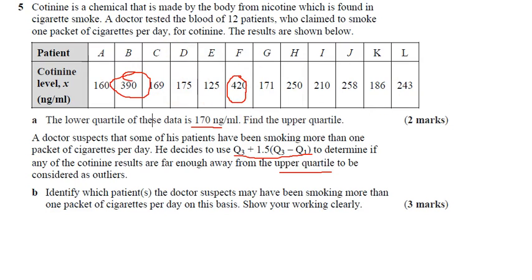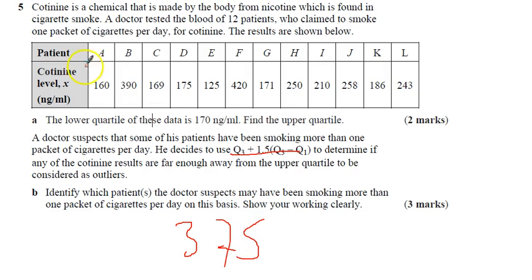But whatever you get here, let's say you get an answer of 375. Well, obviously then that's an outlier and that's an outlier. And they are not just outliers, they are absolute liars as well, because they're smoking way more than a packet a day.